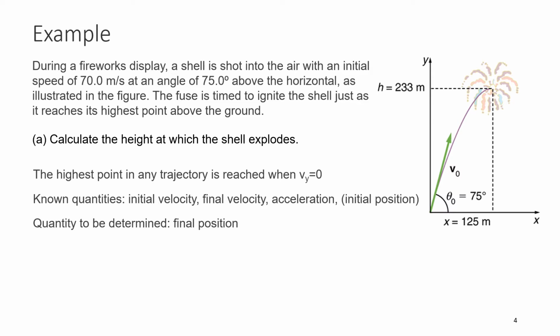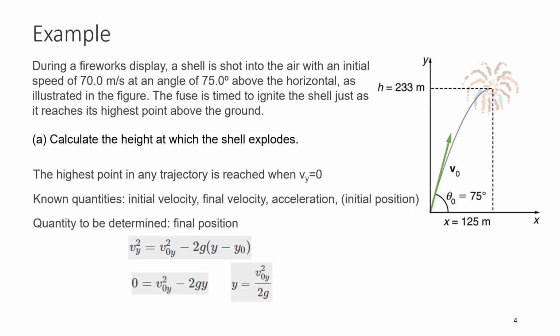Since the time is unknown, we use this equation to find the height. We set the initial position y0 to be 0, and Vy is 0 for the highest point where the shell explodes. The equation simplifies, and we get y equals V0y squared over 2g.